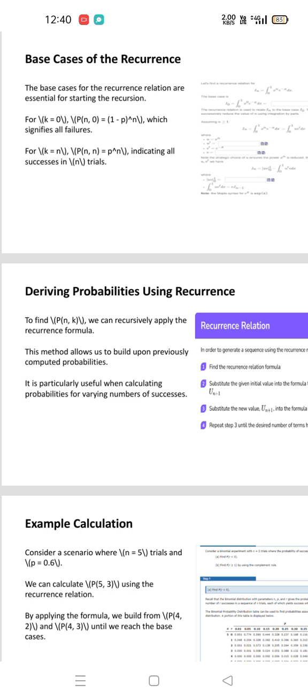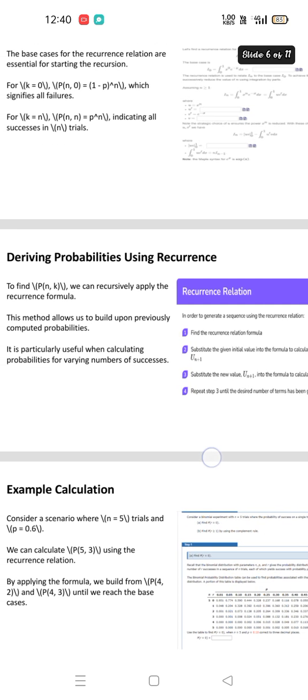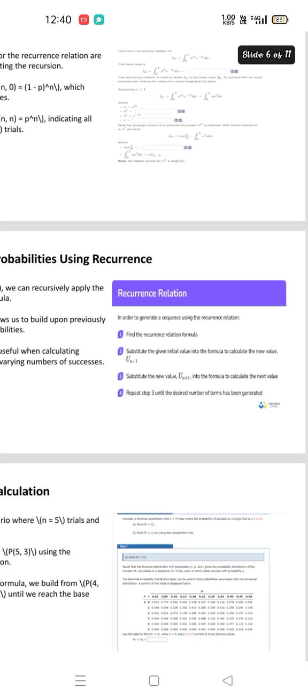It is particularly useful when calculating the probability of a varying number of successes. Recurrence relation: in order to generate a sequence using recurrence relations, first find the recurrence relation formula.